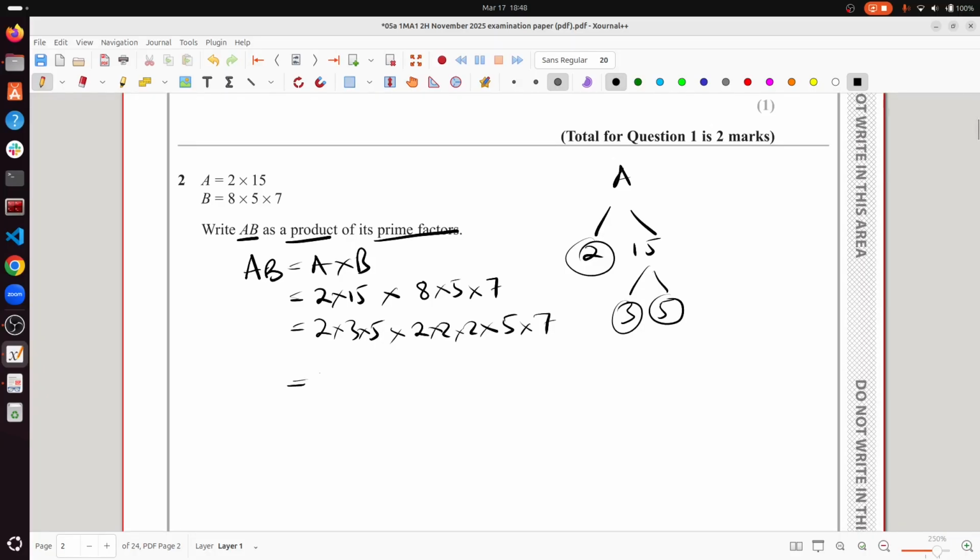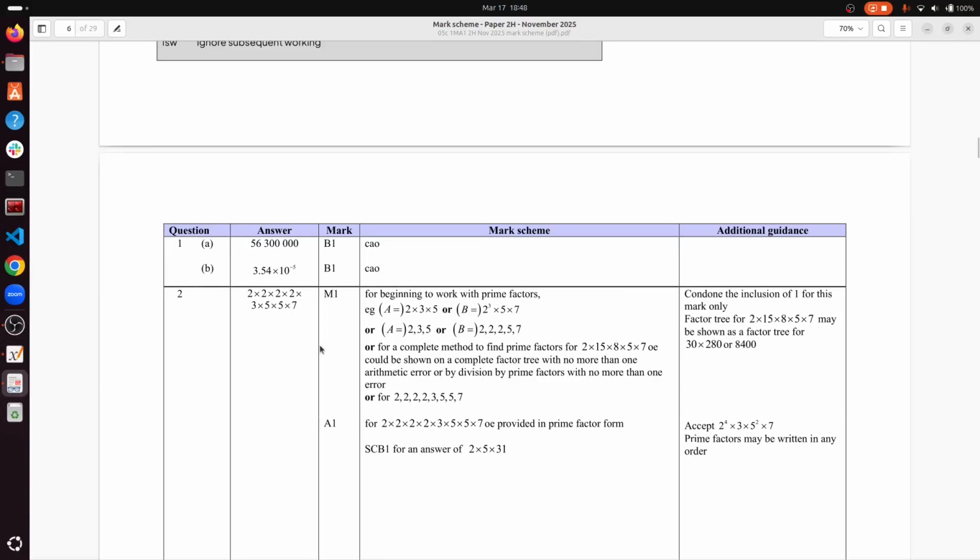Or I could simplify further to 2 to the power of 4 times by 3 times by 5 squared times by 7. That's my answer. Look at the mark scheme. We have 4 twos there, times by 3, 5 times 5 times by 7. You could leave your answer this way, or they will accept this answer as well.